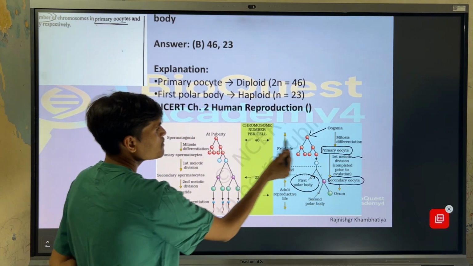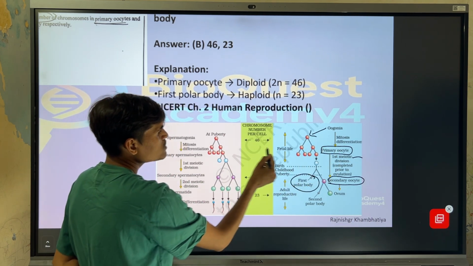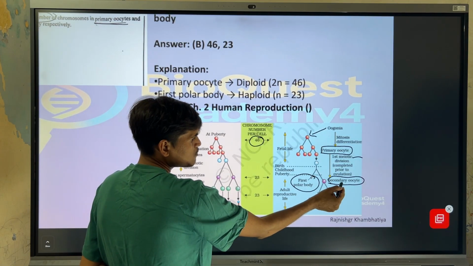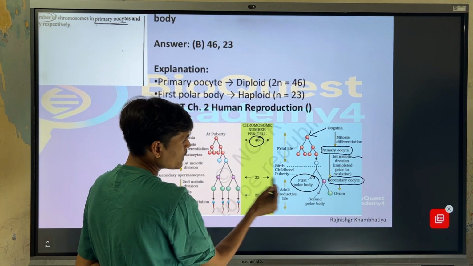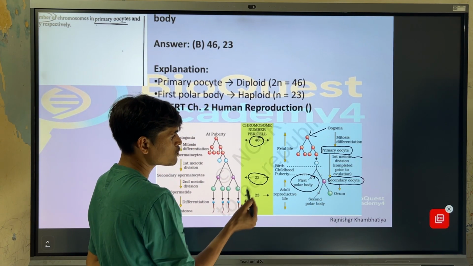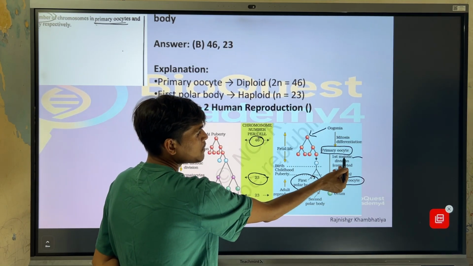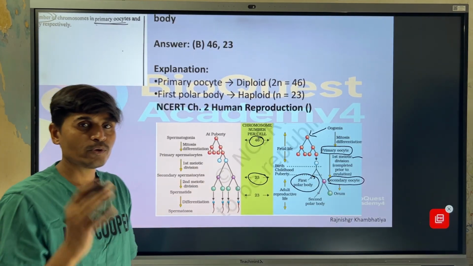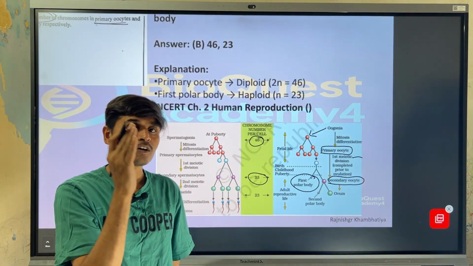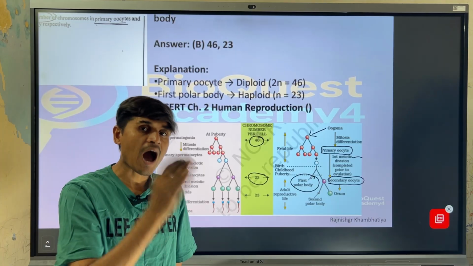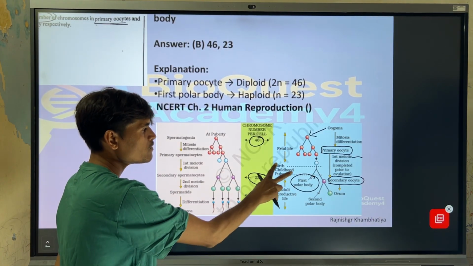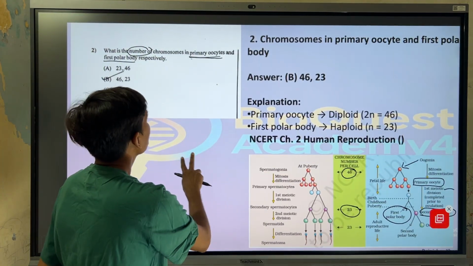Now, see here, the primary oocyte has 46 chromosomes, and the secondary oocyte along with the first polar body have 23 chromosomes. Why? Because they undergo meiotic cell division, and we know that during meiosis the chromosome number becomes half.